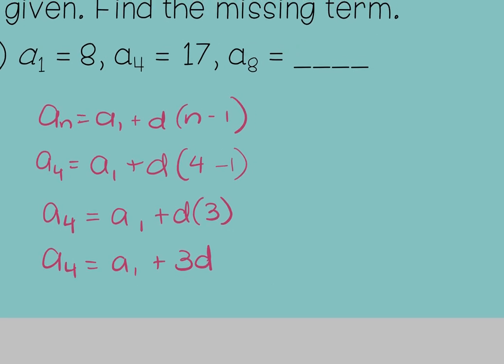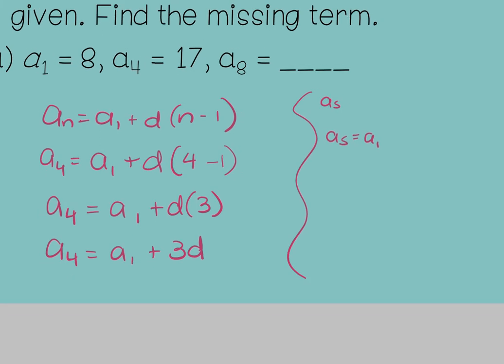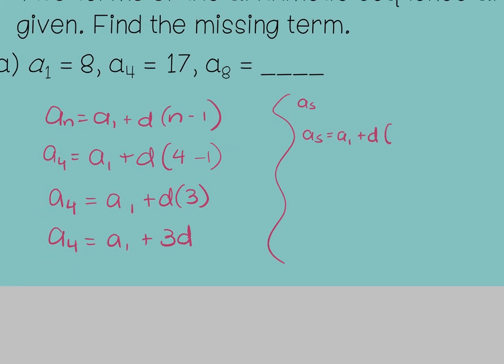Now just so that we can observe a pattern, let's say I was looking for A5. It would have been A5 equals A1 plus D times 5 minus 1. A5 would equal A1 plus D times 4. A5 would equal A1 plus 4 times D. So there is a pattern.